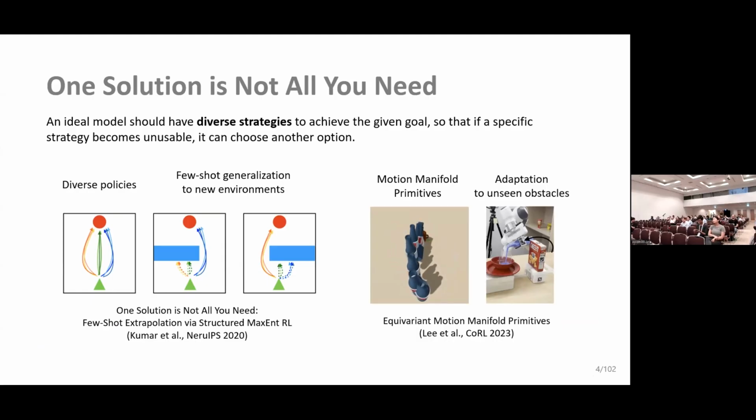Humans indeed can perform any given task in multiple different ways. Even in the simplest task like grasping an object, we can reach it from multiple directions and grasp it at multiple poses. So to be truly generalizable and adaptable like humans, the model should be able to encode and generate diverse trajectories for a given task.